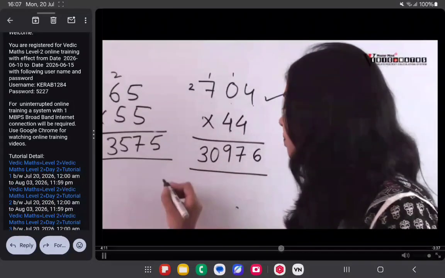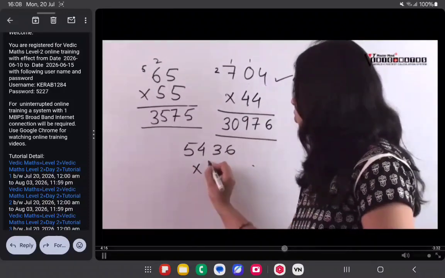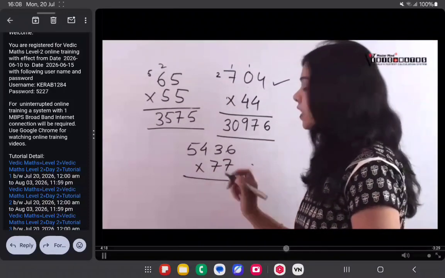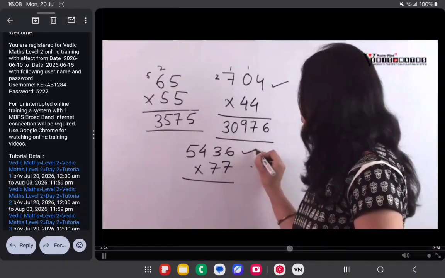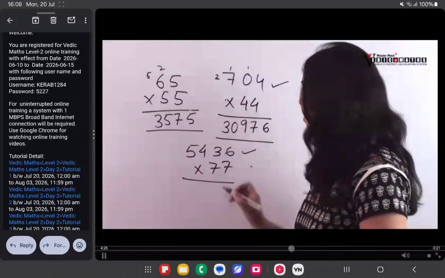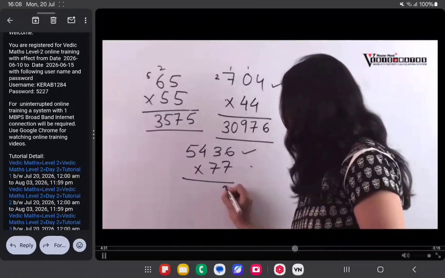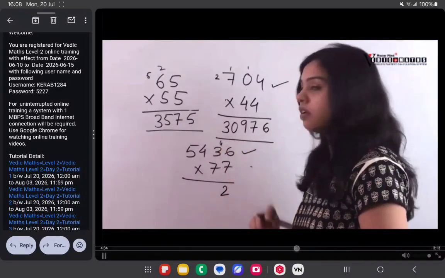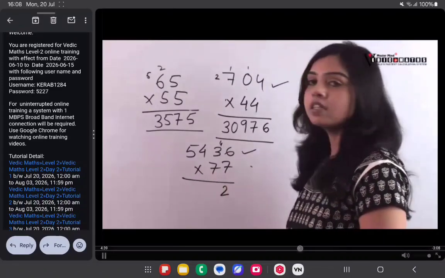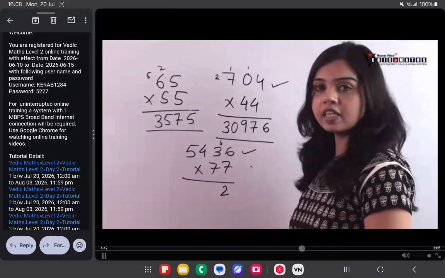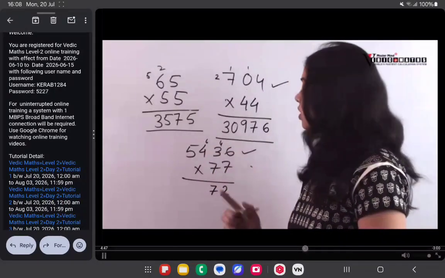One more example. 5436 into 77. Again 7 is here and it's a 4-digit number, but the process will be the same. 6 into 7, 42. That means we can write here 2 and plus 4 carry forward. 6 plus 3, 9. 9 sevens are 63 plus 4, 67. That means we can write here 7 and plus 6 carry forward.